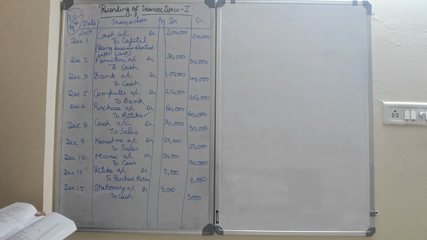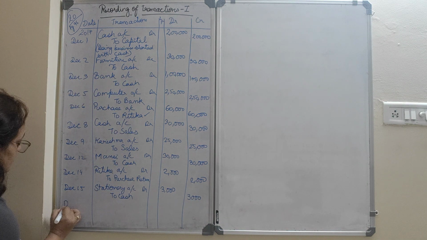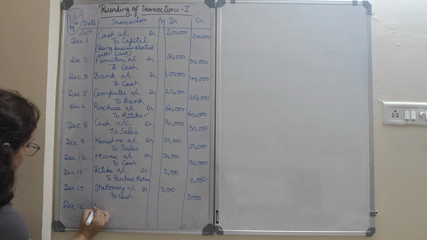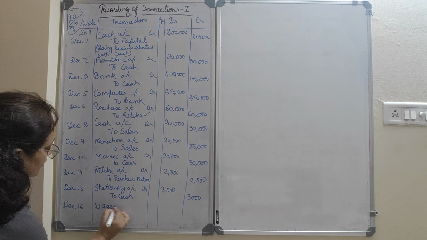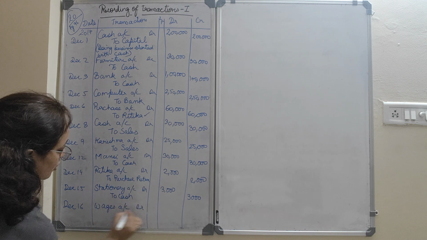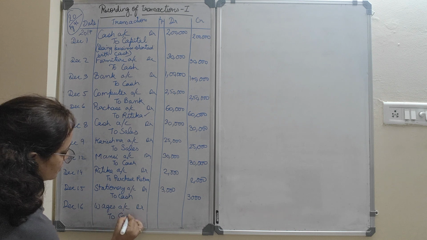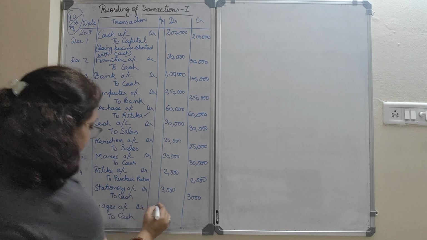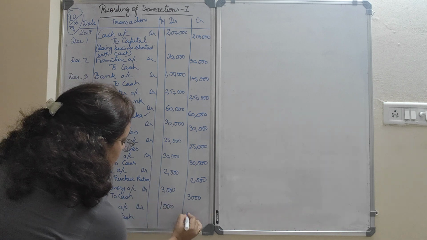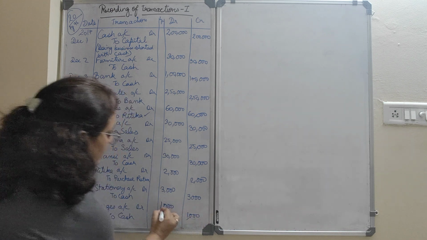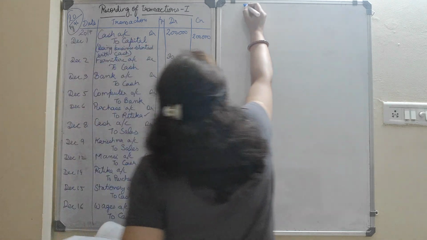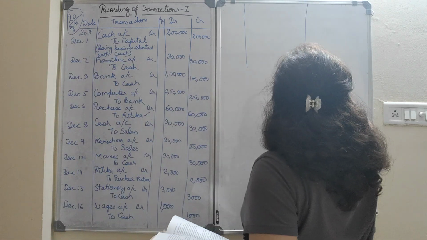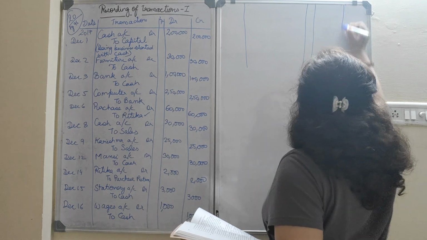Then next we have paid wages, December 16. Wages are our expenses, debit all expenses, credit what goes out. So cash is credited. Wages account debit to cash. So 1,000. I hope till here it is clear to everyone. Let us draw the columns to write the other entries.